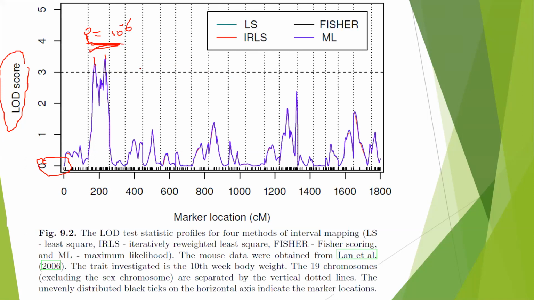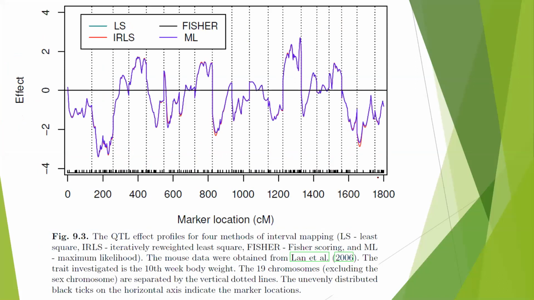We reject the null hypothesis and say these two loci are significantly associated with the traits of interest. This is the LOD score, the test statistic graph. We call this the Manhattan plot. Now look here. If we put these two graphs together, you will see they correspond to each other.